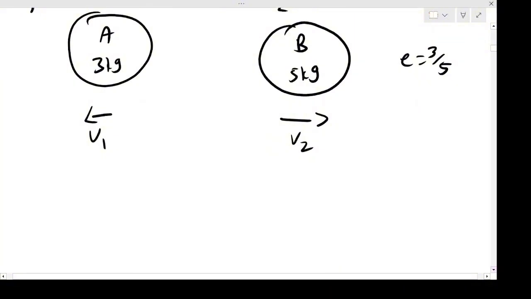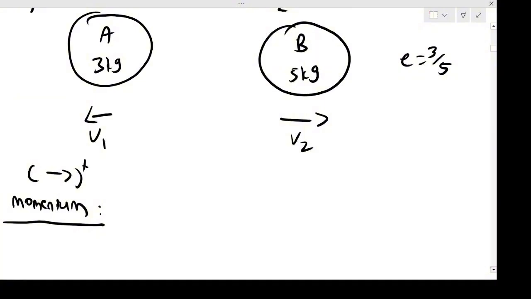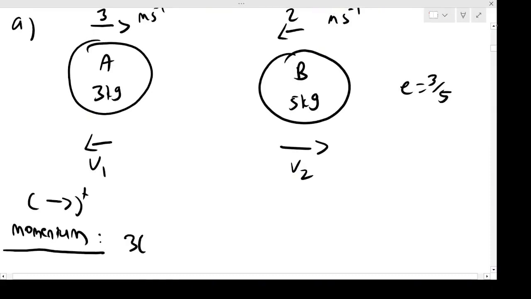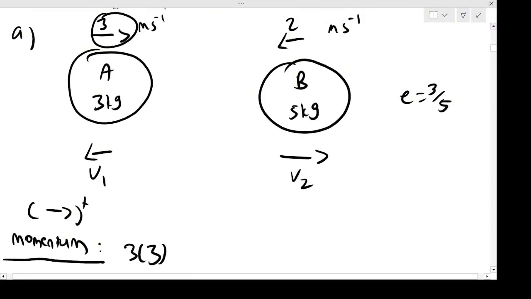With that in mind, we can first apply momentum. So again, let's take forwards as positive. That's going to be the total momentum. So 3 times 3 for A, because that's the before speed for A. Then 5 times negative 2 for B, because the speed 2 is going to the left, in the negative direction.